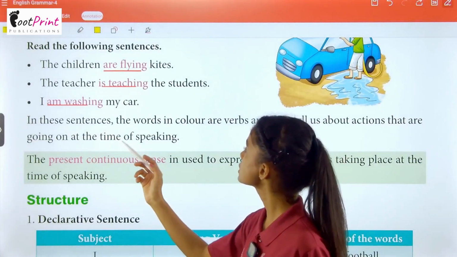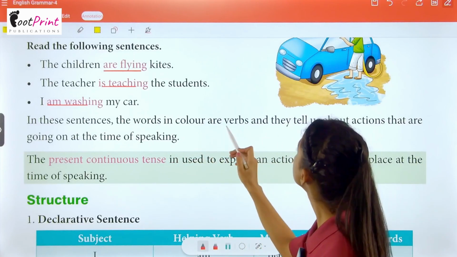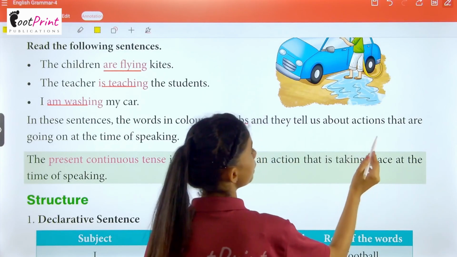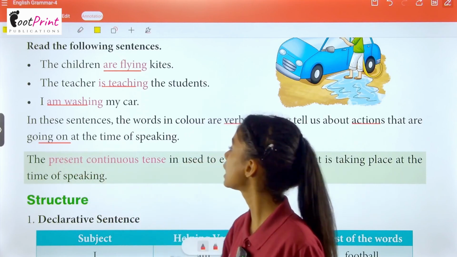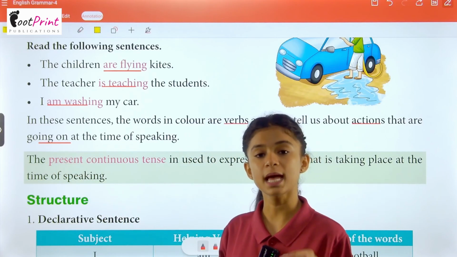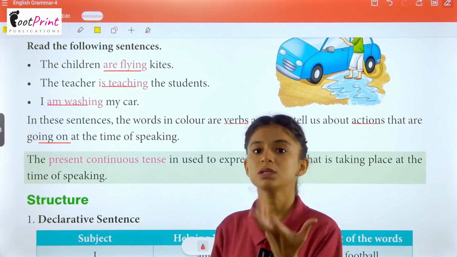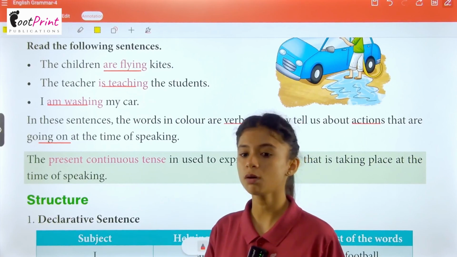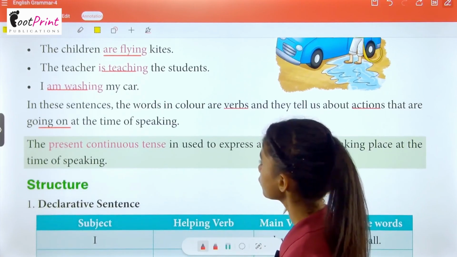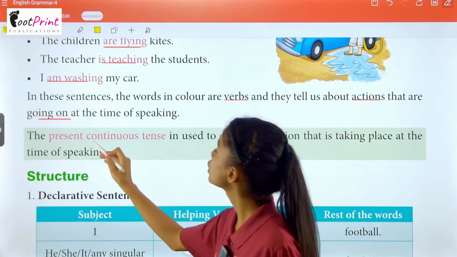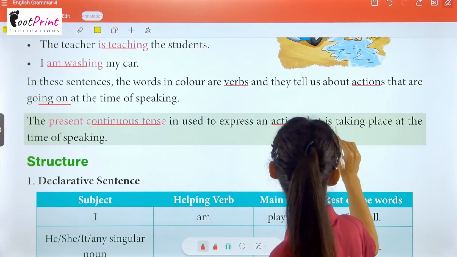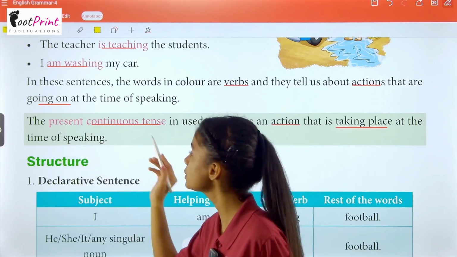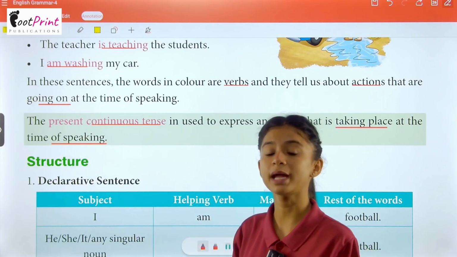In these sentences, the words in color are verbs and they tell us about actions that are going on at the time of speaking. So that means at this time when the speaker is speaking, the action is going on. That means the present continuous tense is used to express an action that is taking place at the time of speaking. That is happening right now.